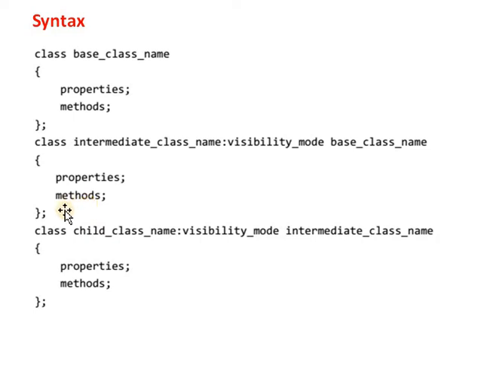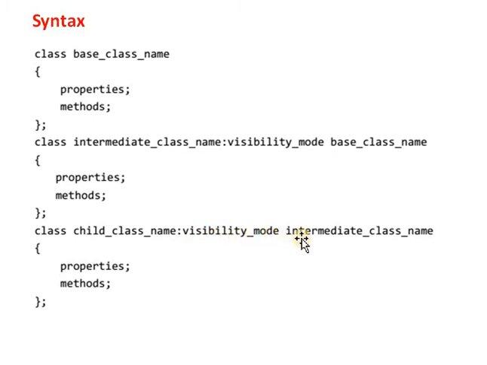Then next, again there is another level, and in that level another class is present. So here, by using the class keyword, we specify a final child class name. Then after the child class name, we specify a colon operator. After the colon operator, we specify the visibility mode.